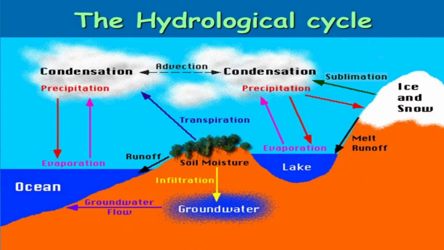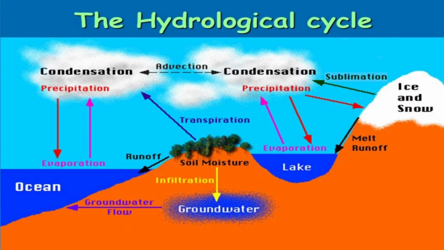The water or hydrological cycle at global scale involves the following mechanisms. Number one, evaporation of water from the oceans through insolation. Second, conversion of water into water vapor or moisture. Third, transport of atmospheric moisture over the oceans and the continents by atmospheric circulation.